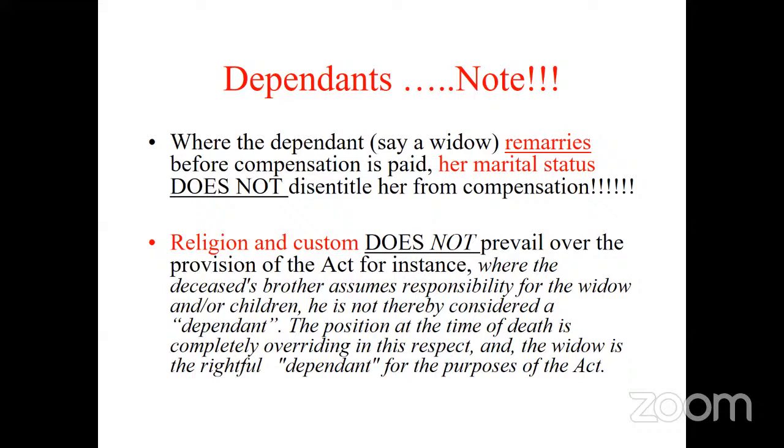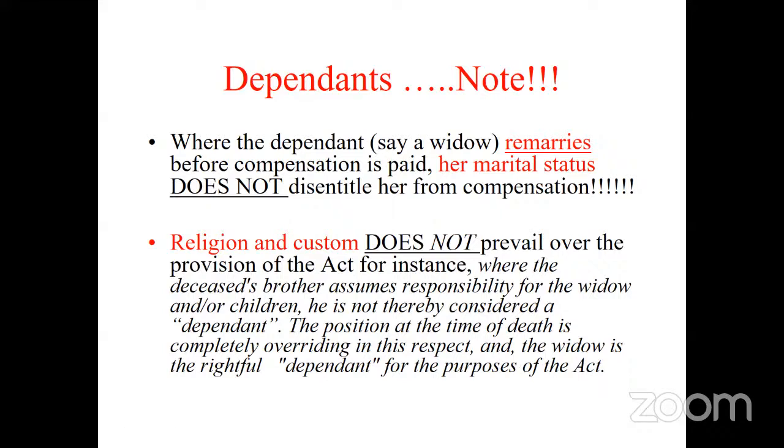It doesn't mean even him, he's also a dependent. So you can see that the position at the time of death is completely overriding in this respect. The widow is rightfully dependent for the purposes of the act.